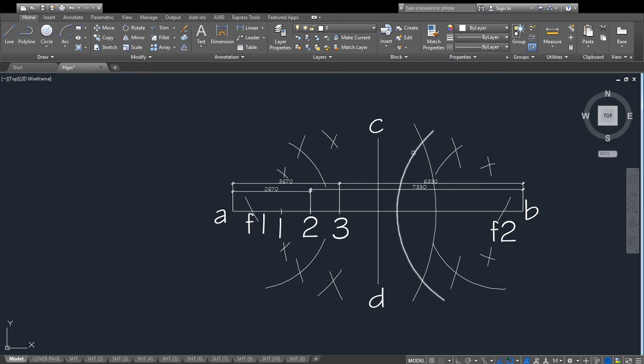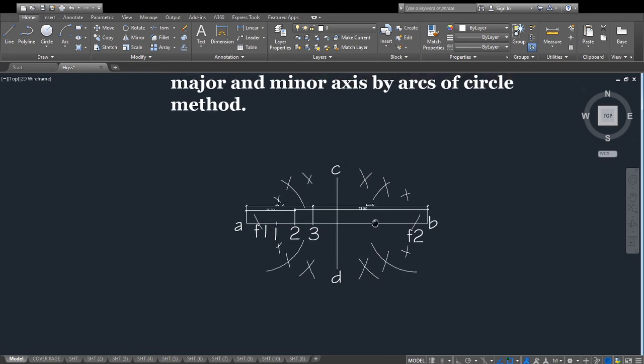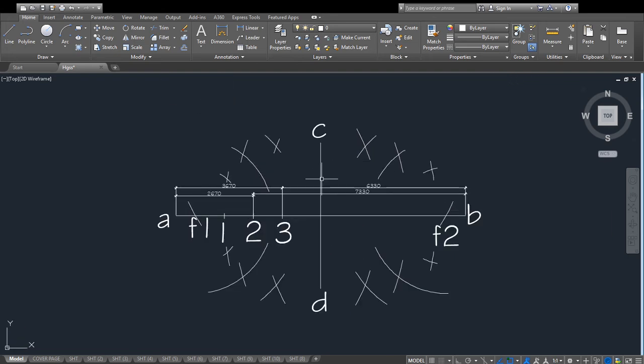Okay, let's break this. Okay, and we have something that looks like this.